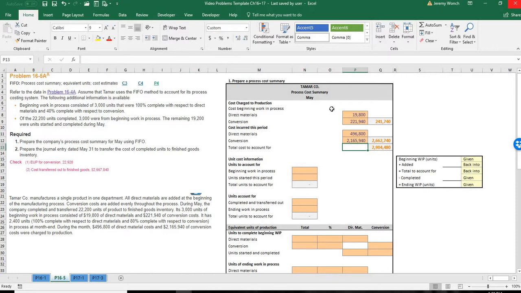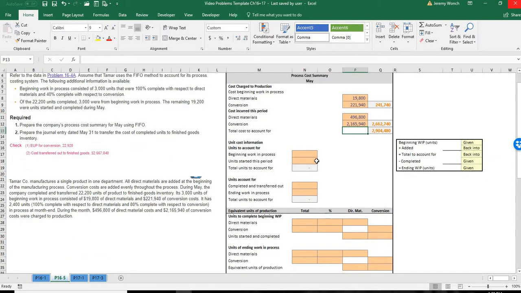So that's the cost we need to account for. Now we need to figure out the units we need to account for. To get this straight in my own head, I made this little schedule over here.